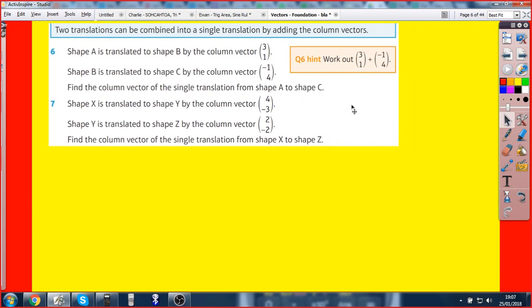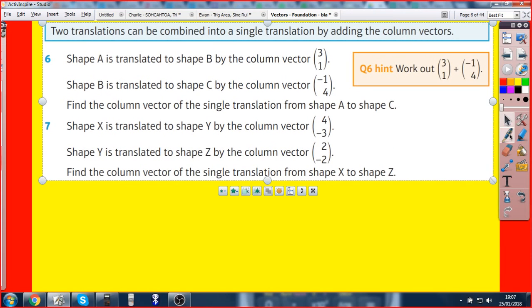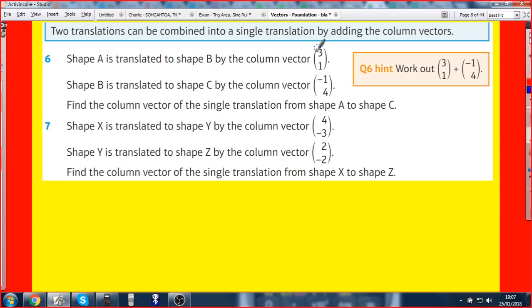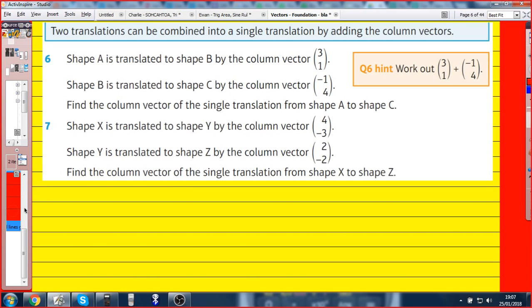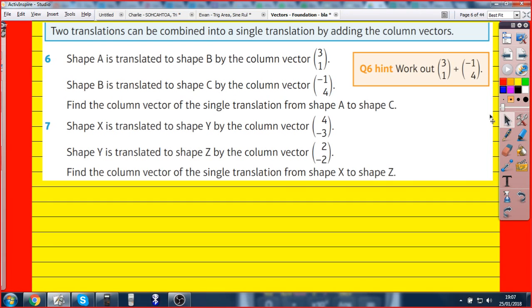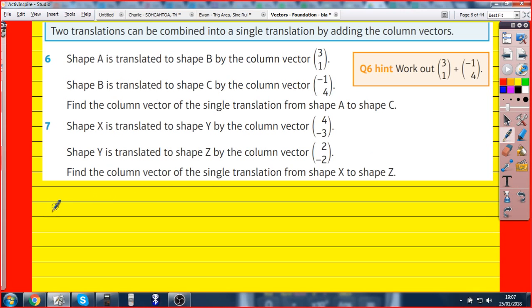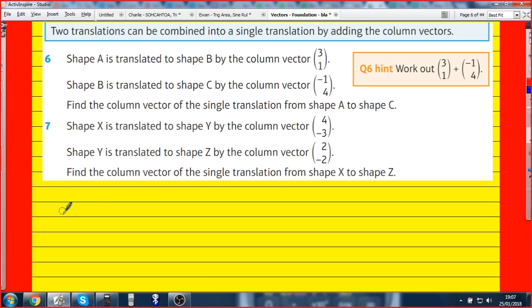Okay, so part A for this one: Shape A is translated onto shape B by the column vector 3, 1. Shape B is translated to shape C by this column vector. We have to find the column vector from A to C. How do we do that? Do we draw where you go?